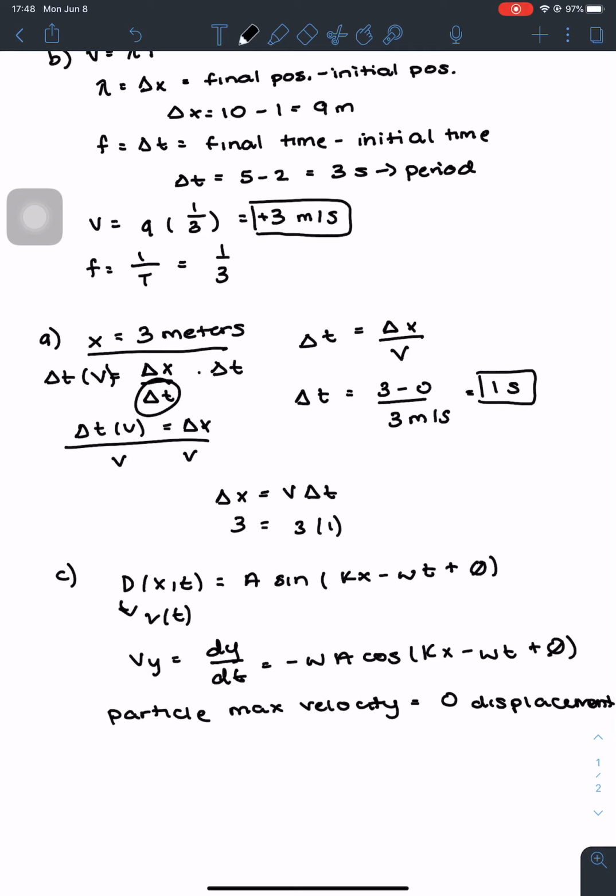So the formula then becomes Vy max equals omega A. The maximum velocity in the y direction that happens to the string is at point 0.